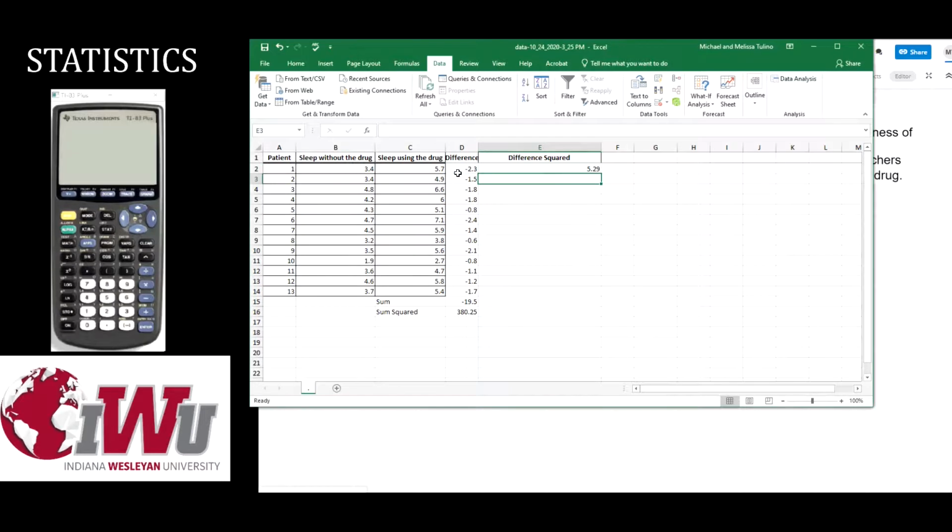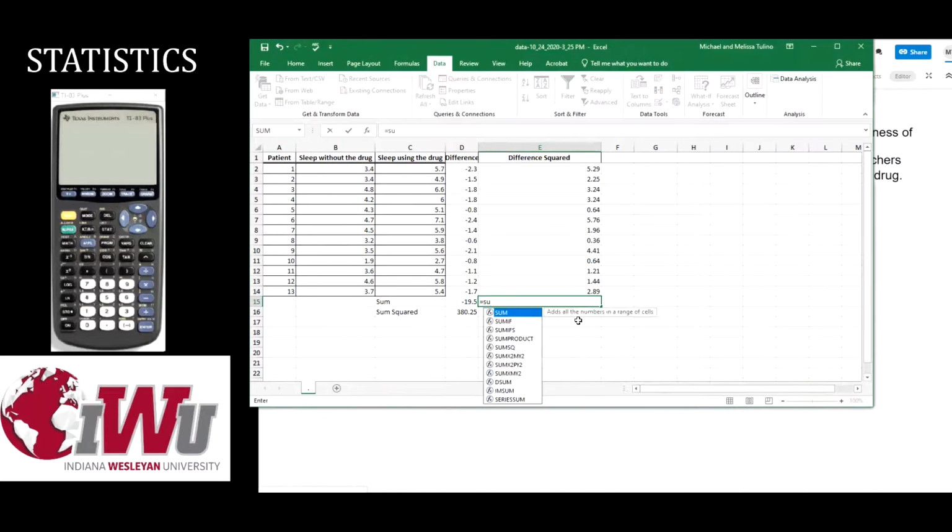That means we're going to square it. We're going to drag that down. Now all those differences have been squared. And over here, we're going to go equal to sum, parenthesis, and sum all those squared differences. So we end up with 33.33.